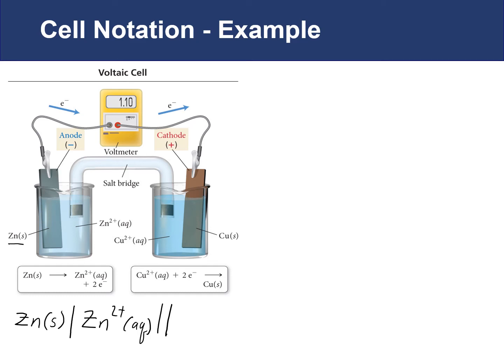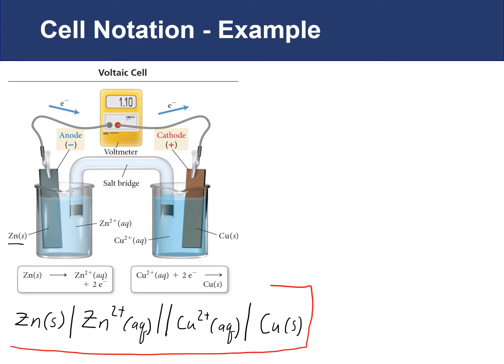Then we have our electrolyte, which would be copper 2+ aqueous. And then we have our other component, the product of the reduction reaction, which just happens to be our electrode. So we represent that as a vertical line because there's a phase difference between the aqueous ion and the metal that is making up our cathode. So Cu, solid. So this here would be our cell notation for the cell that we have above.